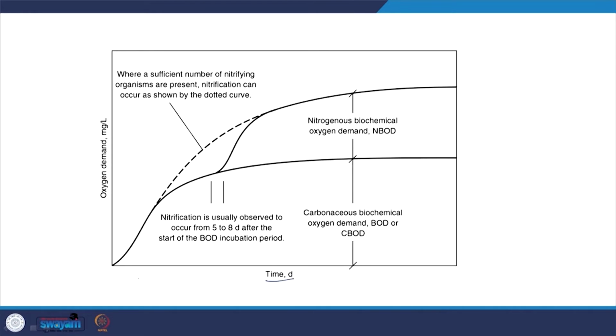I believe this figure is from the McGraw-Hill book, wastewater treatment, oxygen demand. If we have a sufficient number of nitrifying organisms present, nitrification can occur as shown by the dotted curve. So, here we have two types of oxygen demand. One is the nitrogenous biochemical oxygen demand and one is due to the carbonaceous.